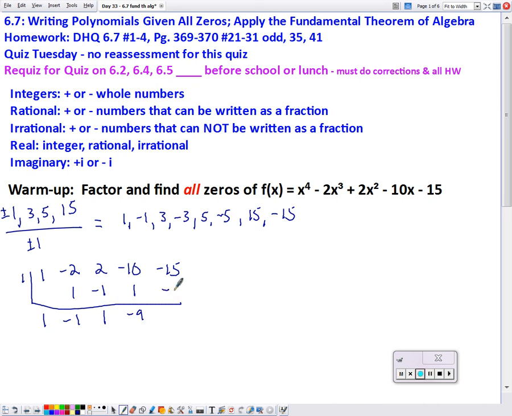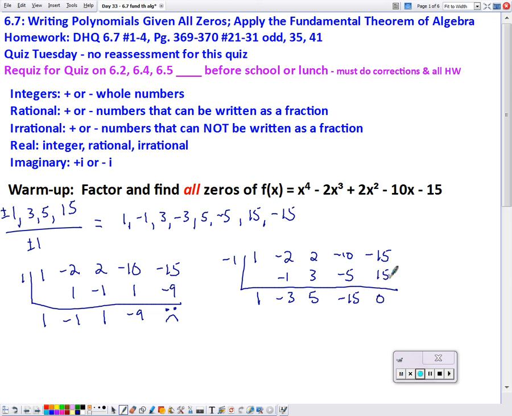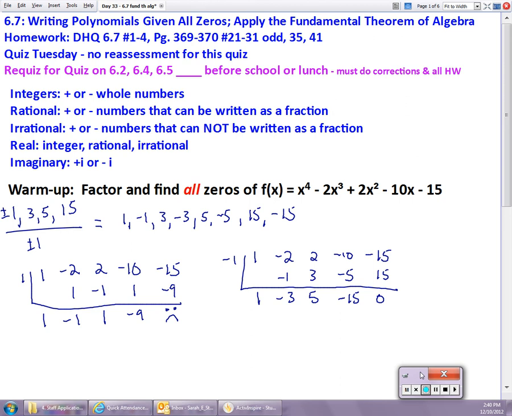No, that would not be 0. So let's try negative 1. Negative 1 goes in, with 1, negative 2, 2, negative 10, negative 15. So let's see, we've got 1, negative 1, negative 3, 3, 5, negative 5, negative 15, positive 15, 0. So that means that negative 1 is going to be our first zero.